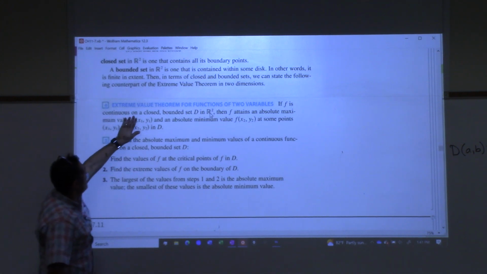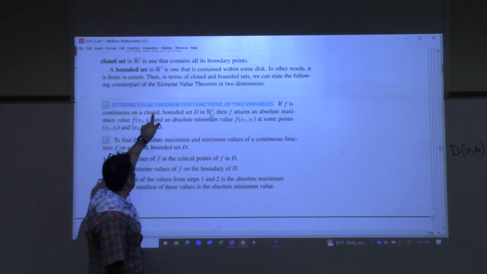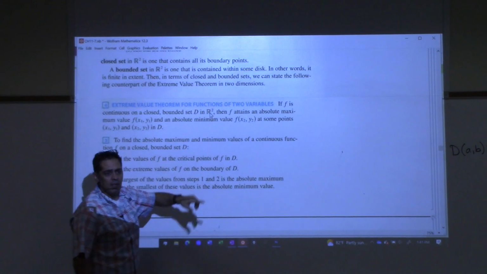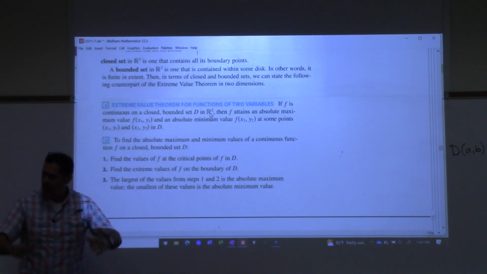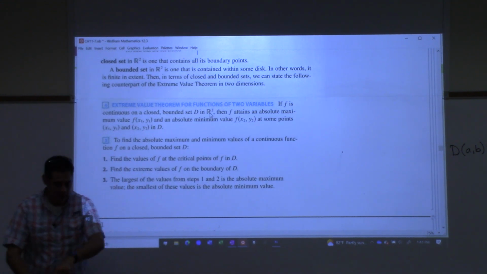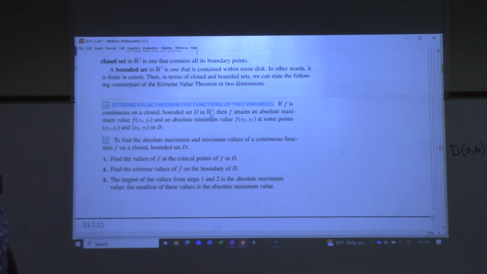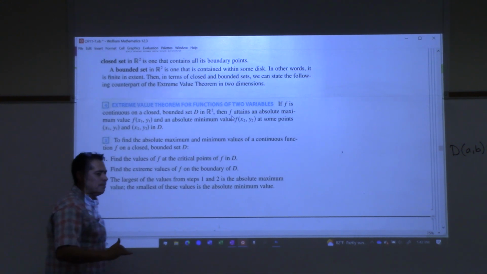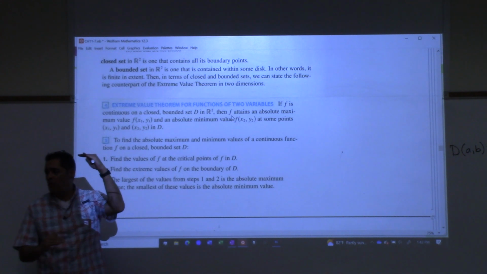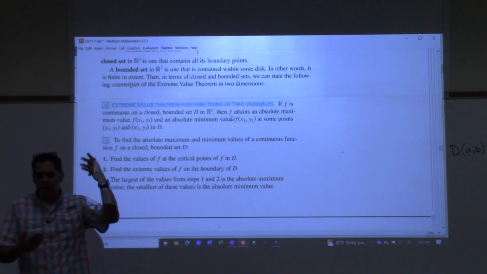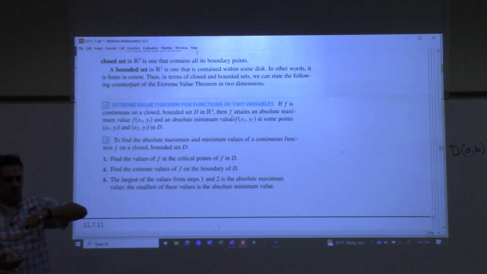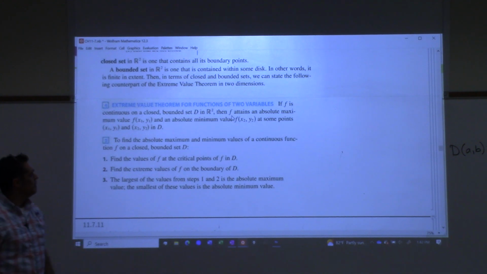As long as you've got that, and that it's defined on a closed bounded set. So the domain of it, if you look at the domain on the ground, you have a closed bounded set. Then your function must attain an absolute maximum value and an absolute minimum. It has to have a highest and lowest point. See how this is very much like Cal 1, right? Except instead of a curve, it's a surface.